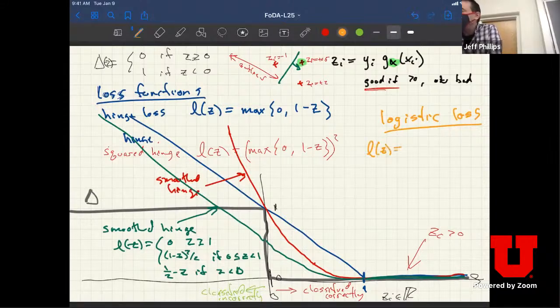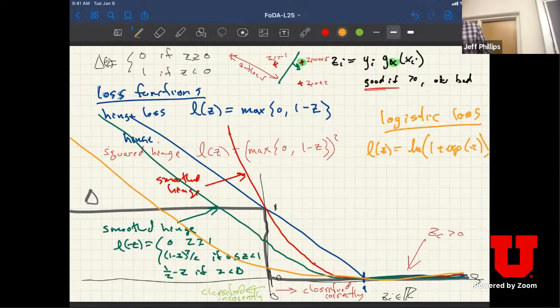This is L of z equal to the natural log of 1 plus e to the negative z. It's kind of a strange function, but it has no case statements. And if I draw it, it's going to look kind of like this.